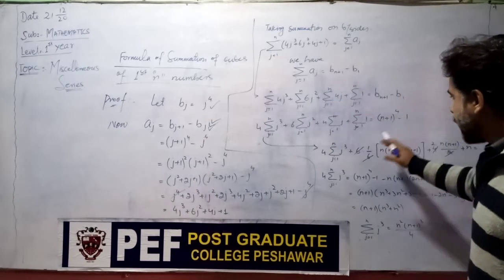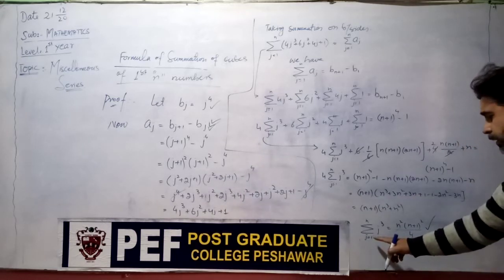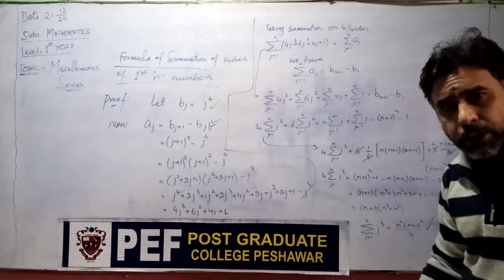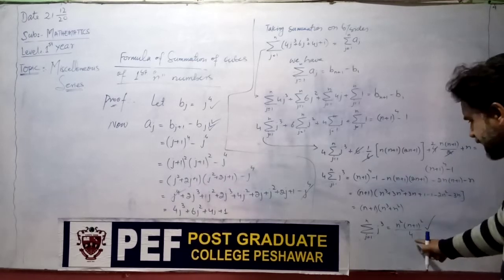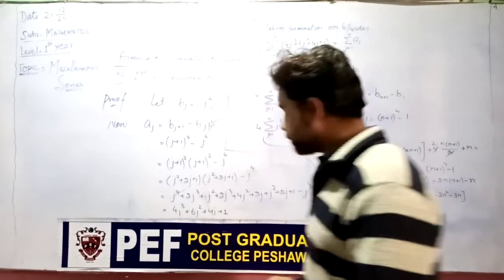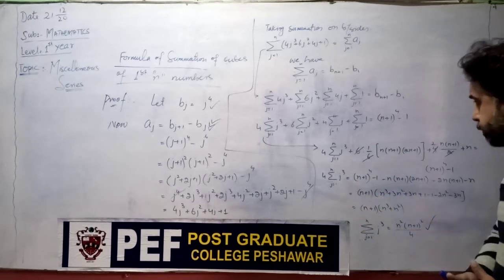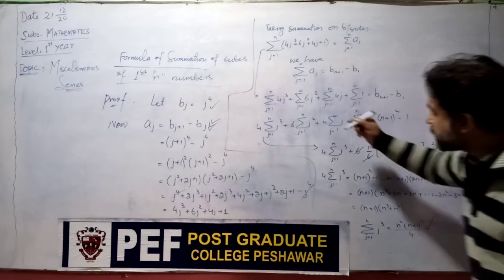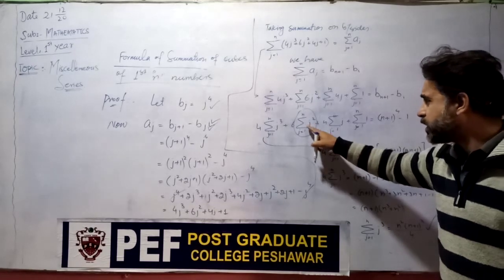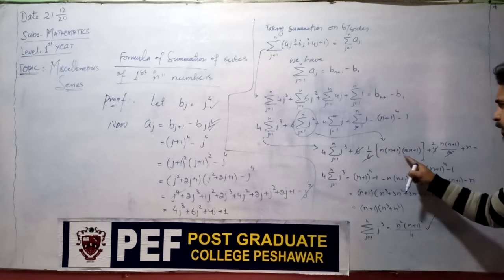Using that and doing the basic mathematics, lastly we got the formula with the help of which you can calculate the sum of the cubes of the first n natural numbers. In a nutshell, dear students, you must memorize the formula for the summation of the squares of the first n natural numbers, which is 1 by 6 n times (n plus 1) times (2n plus 1).